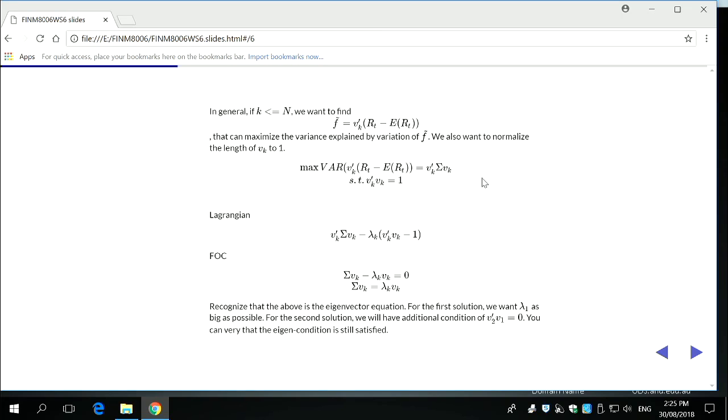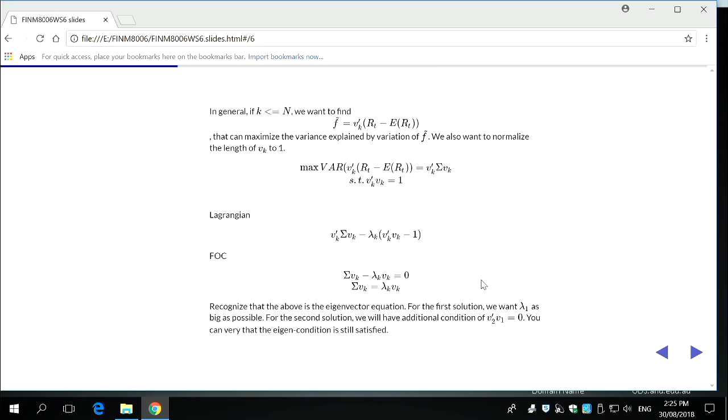So we want to extract the factor that can mostly explain the variance covariance. And as you can see, this first order condition is just the definition of the eigenvector. Remember in the lecture last week we talked about the eigenvector definition: any matrix times this vector equals this number lambda k times the vector itself.